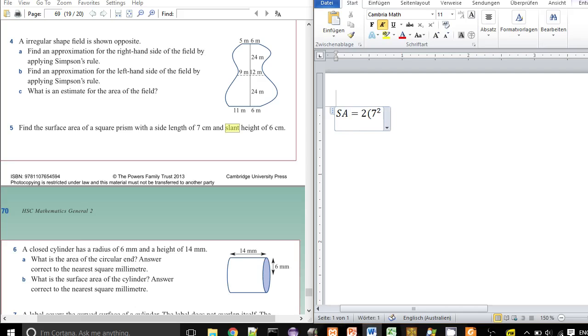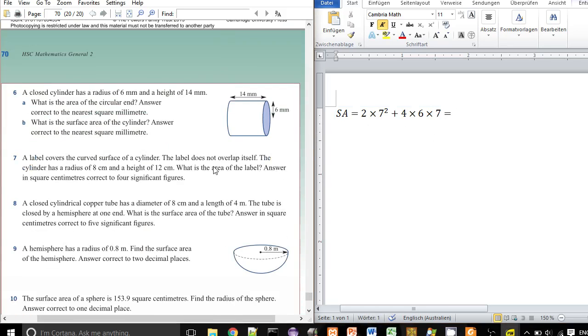We have 2 lots of the 7 squared, the top and the bottom, and then the other 4 sides are all the same. They're all 6 by 7. Okay, you can draw a picture if that helps. Let's skip that one, but slant, I don't know what they mean by that. That answer will be centimeters squared.